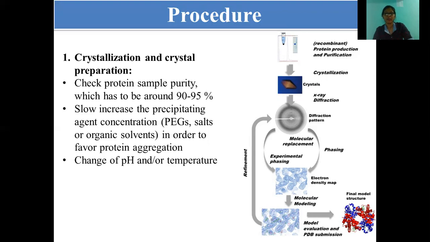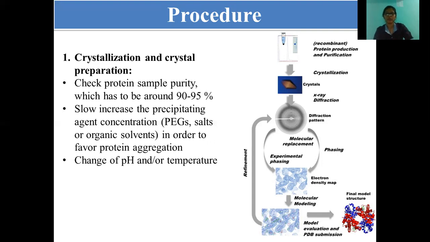We need only a pure form of protein, because purity is the most important point when determining the 3D structure of the protein. If there is contamination of DNA or RNA in the protein sample, there will be disturbances while identifying the fine model structure of the protein.